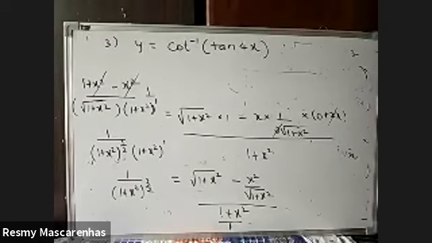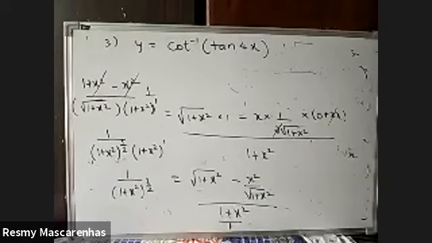Next one, cot inverse of tan 4x. Now, inverse is not inside the bracket.